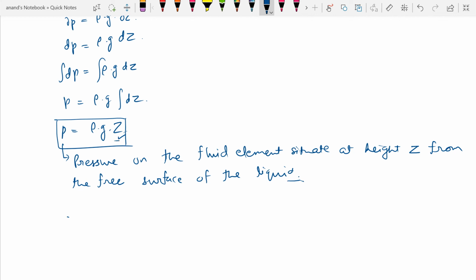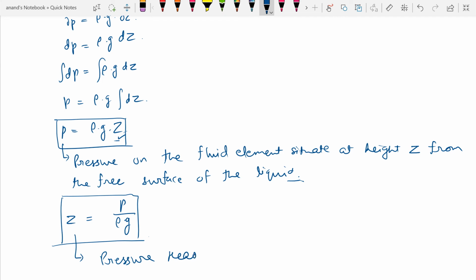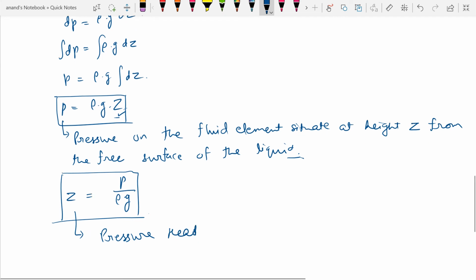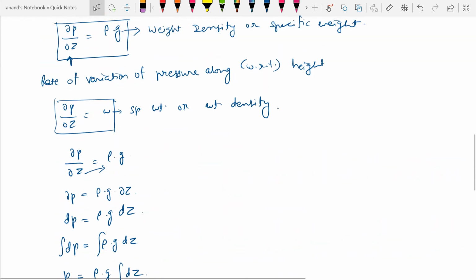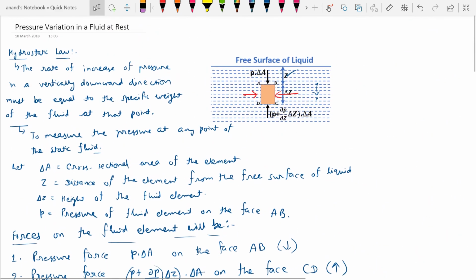From here we can obtain Z as P upon rho g, and this expression represents the pressure head. So this is the analysis of the pressure variation in a fluid at rest, how the pressure varies from one point to another when we move downward in the static fluid.